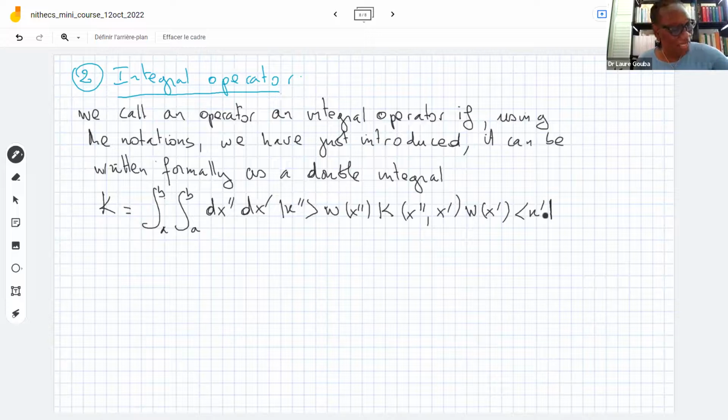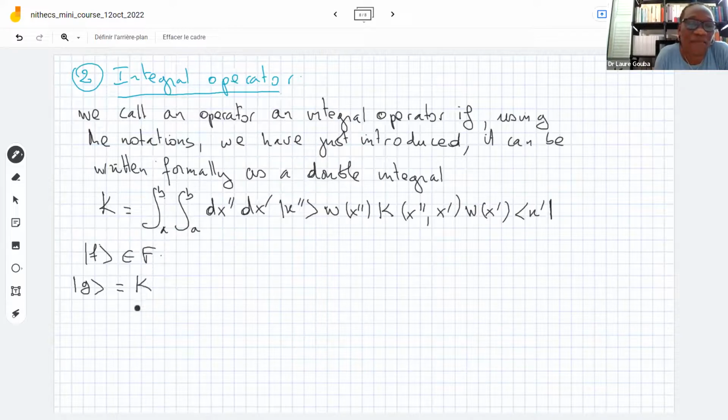Now that we have defined that, let's see what is the action of this integral operator on the vector f. So now I consider a vector f in the function space. Then I say vector g is the action of this integral operator on f.